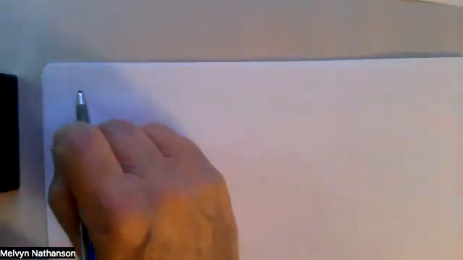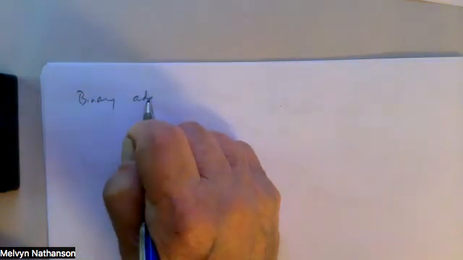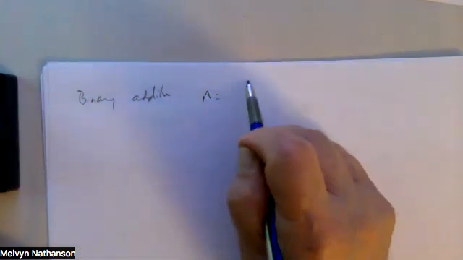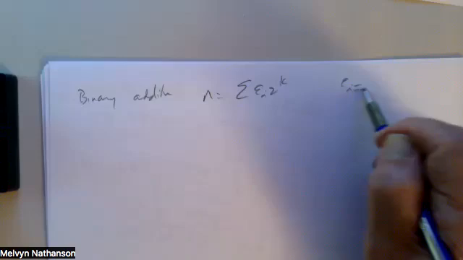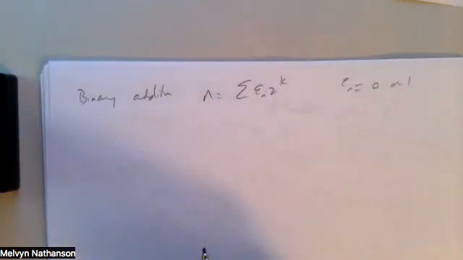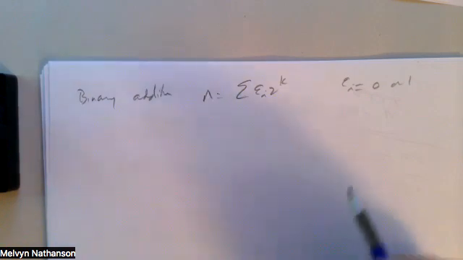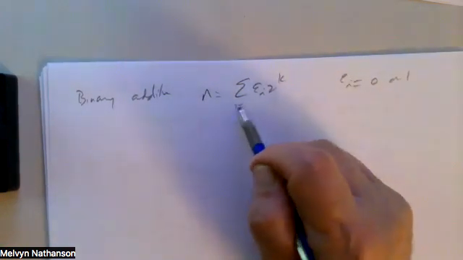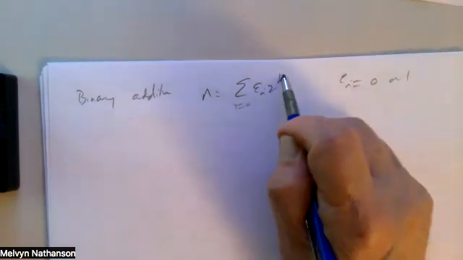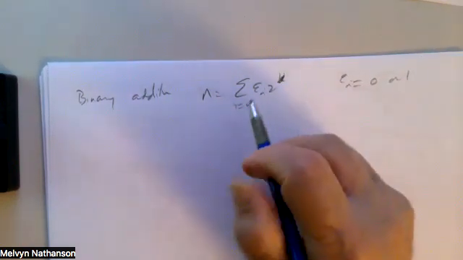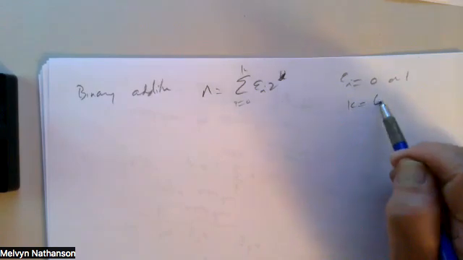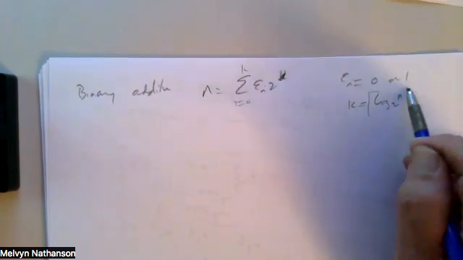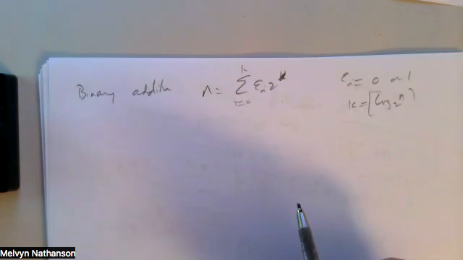You see, in binary addition, we write a number n as the summation of epsilon i 2 to the i, where epsilon i is 0 or 1, and 2 to the i goes from 0 up to a number k, where k is log n to the base 2.